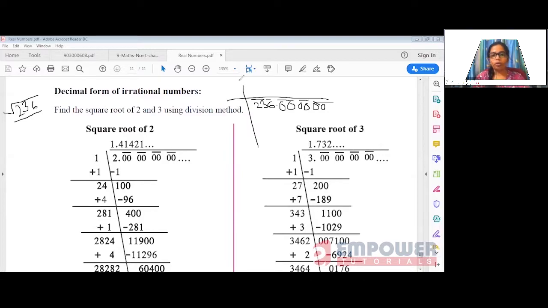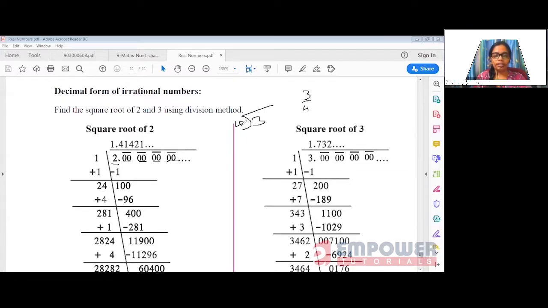Now suppose you have to find the value of root 2. You are going to write down 2 here. After that you will add a decimal point, and then make groups of two zeros. In normal division, if I want to find 3 by 4, I write 3 over here.